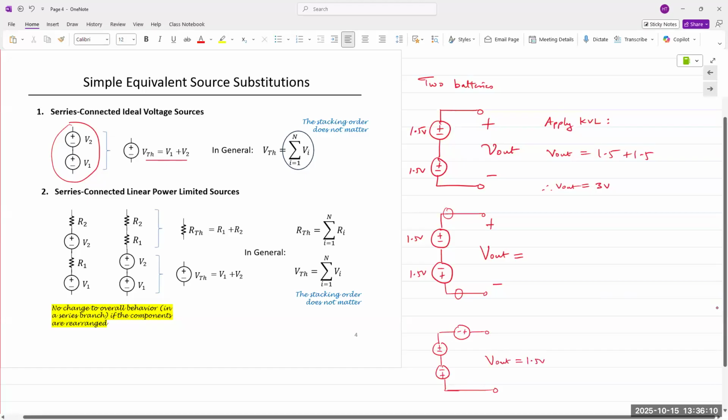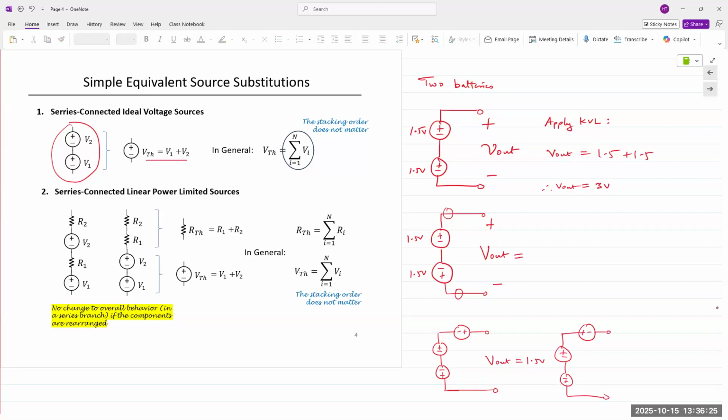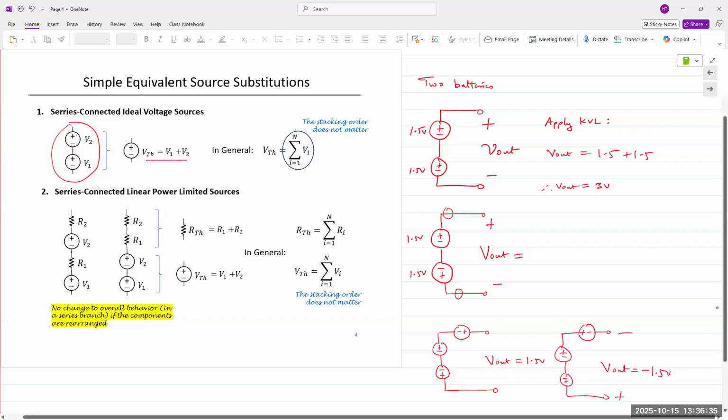If it's connected the other way around, meaning plus and minus, then V out would be minus 1.5 volts, because plus would be here, minus would be here.